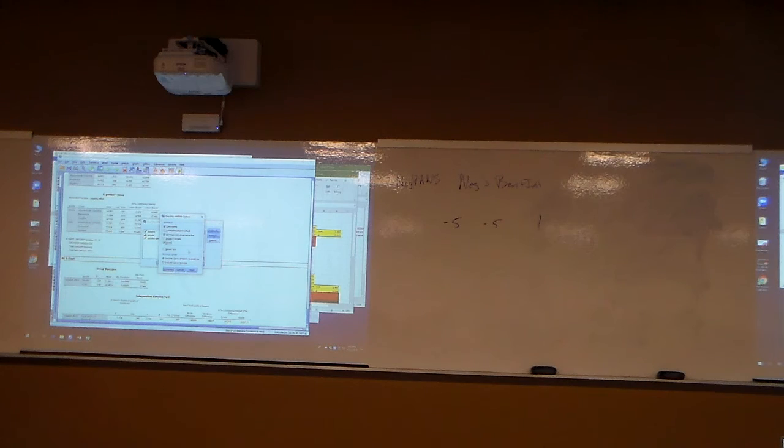Now, is it possible that this main effect that we found within the context of the factorial ANOVA doesn't actually turn up as statistically significant in the one-way? Yeah, why is that?